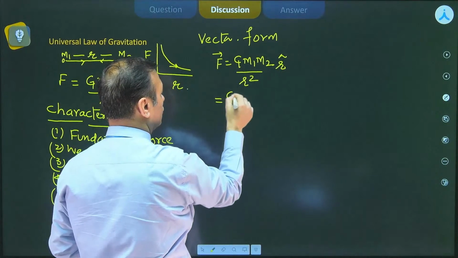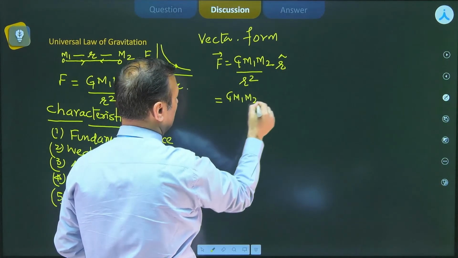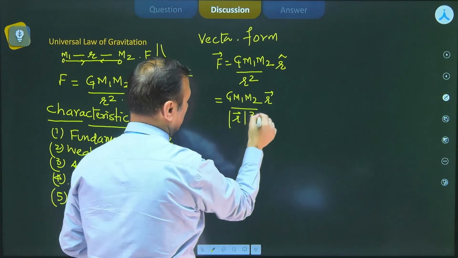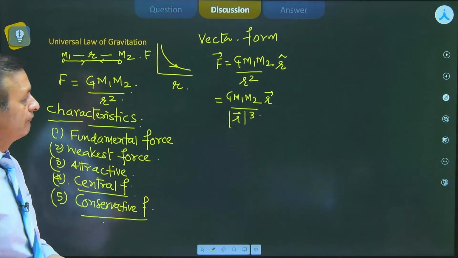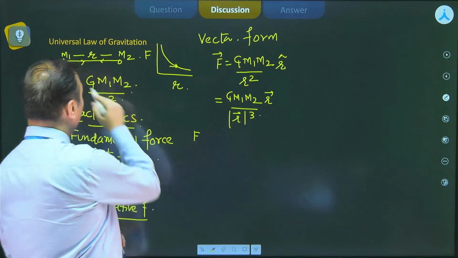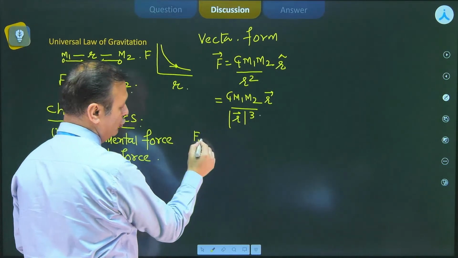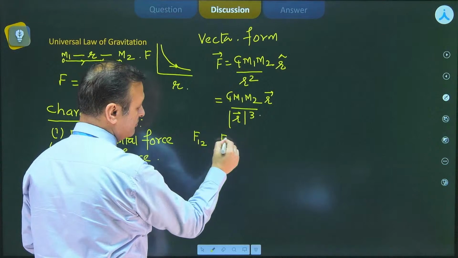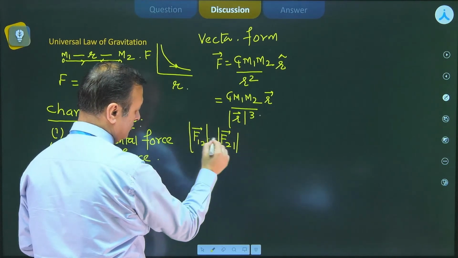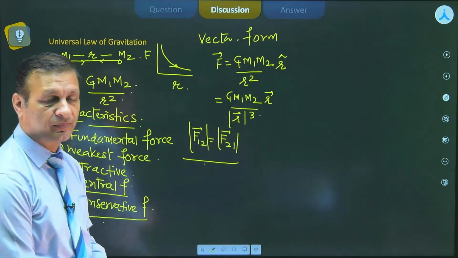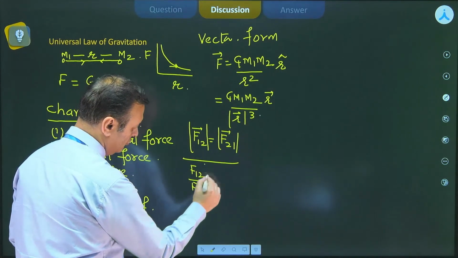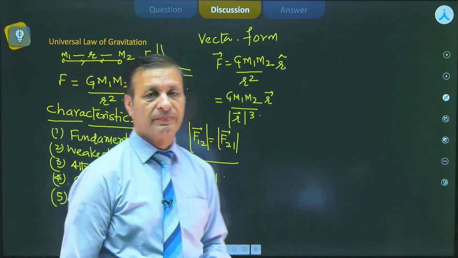The same force can also be written like this. Force experienced by mass 1 due to 2 and force experienced by 2 due to 1, magnitude wise they are equal. This is a very standard question. So this ratio is 1. Any doubt?